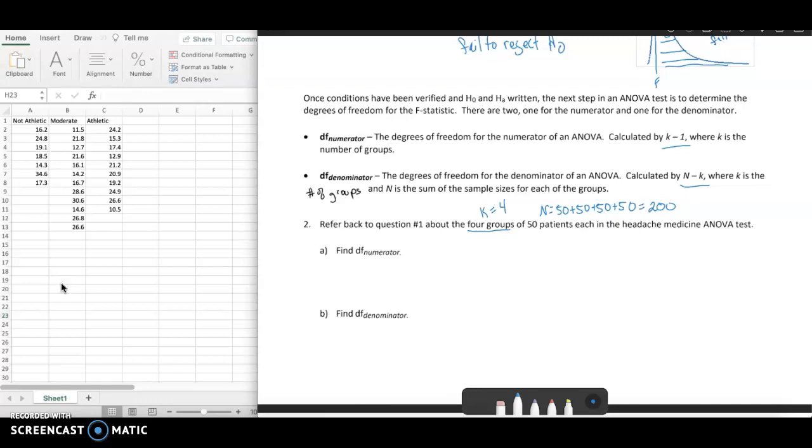Now we can find the degrees of freedom for the numerator and for the denominator. So we know that for the numerator, we do k minus 1, so 4 minus 1, or 3.